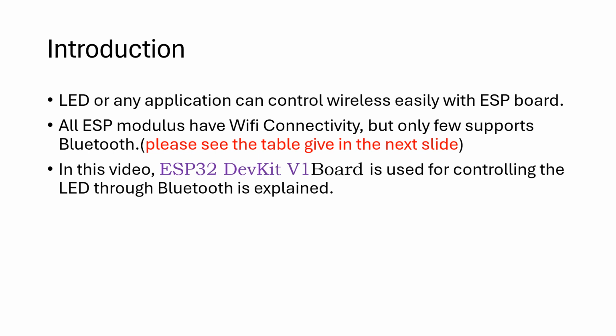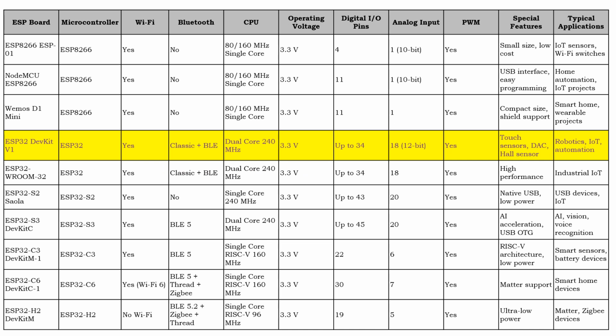The board we are going to use here is the ESP32 development kit V1 board. The specifications are given. ESP32 has Wi-Fi inbuilt, classical Bluetooth, and a dual core CPU at 240 MHz.